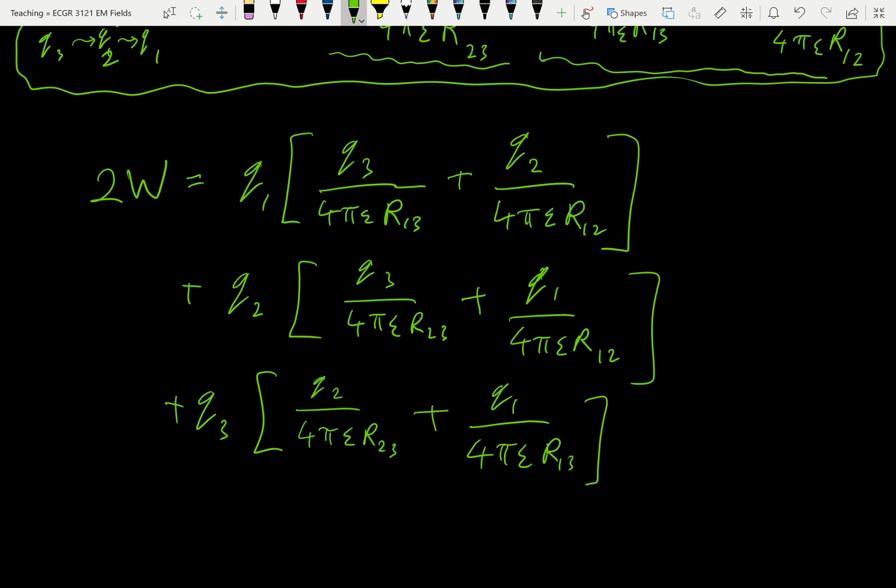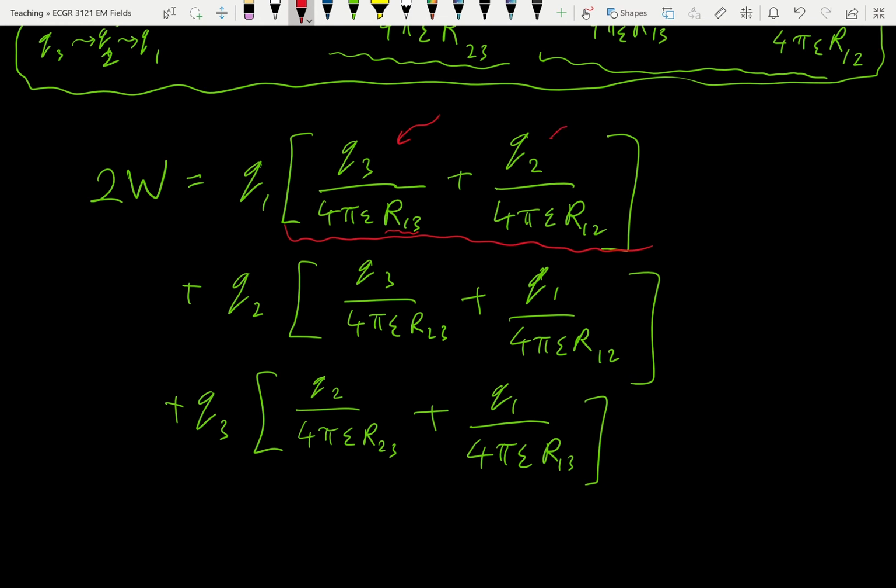Okay, what is this? Notice that this term, what does this look like? This looks like a voltage equation, right? So this looks like the voltage due to Q3, and the distance here is between 1 and 3, right? So this looks like the voltage due to Q3 at the point where Q1 exists, right?